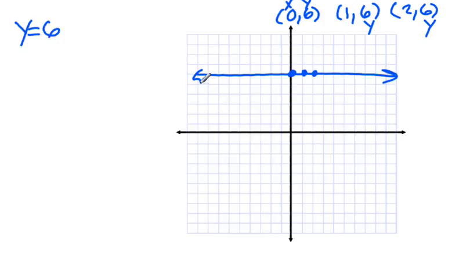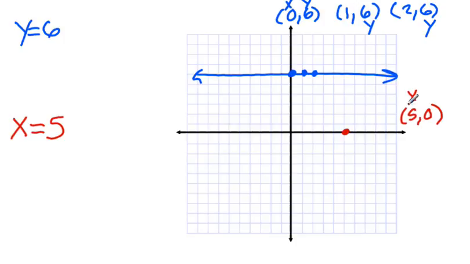That being said, we could also look at a case of x equals just a number, like x equals 5. So on the x-axis, you can go out to where 5 is located. And think about that particular point as 5, 0.